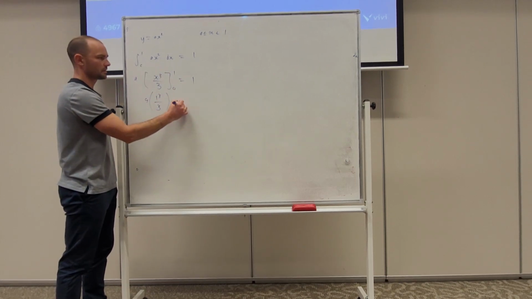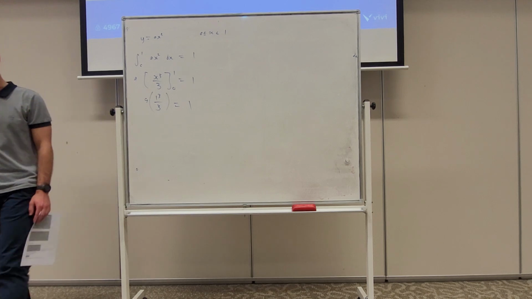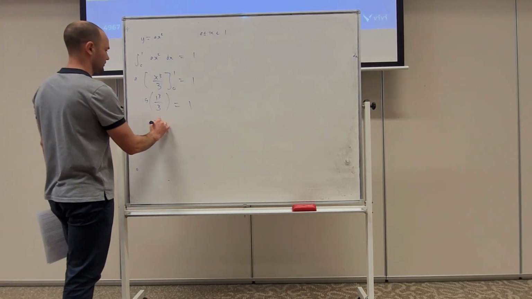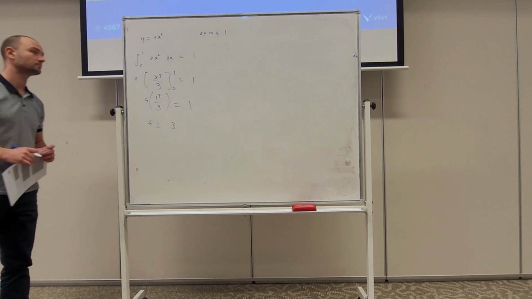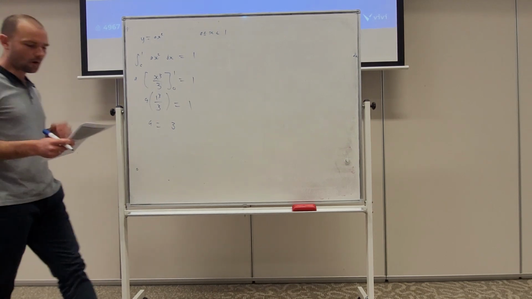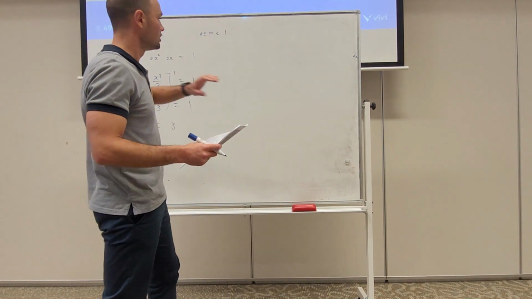So a times a third equals 1, and then we'll multiply both sides by 3 to get a is 3. Very good. Okay. Now part B says find the mean, the median, the mode, and the standard deviation.